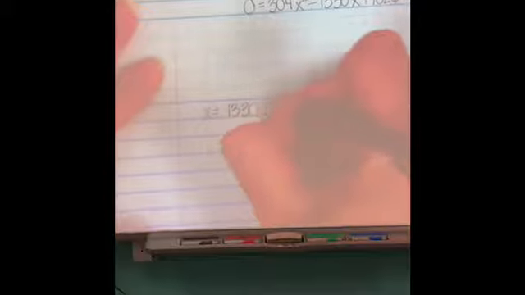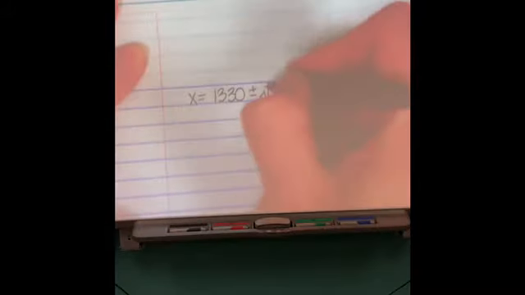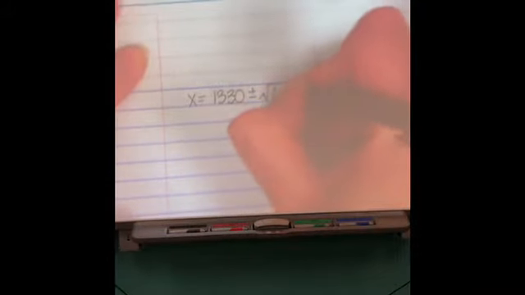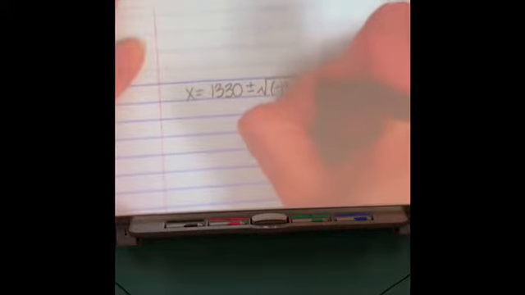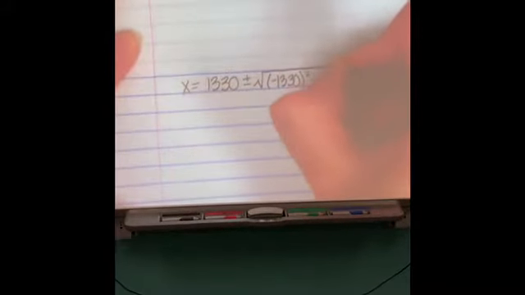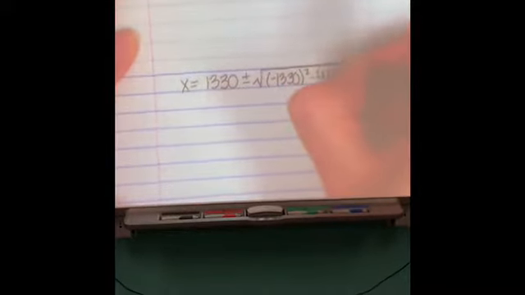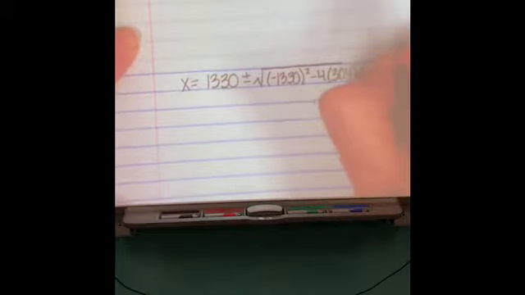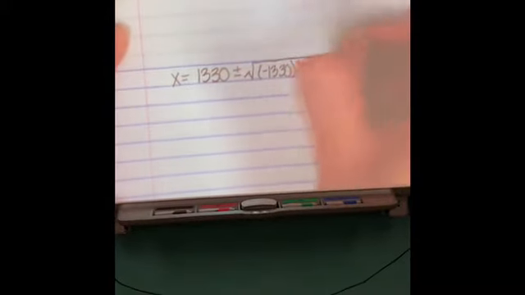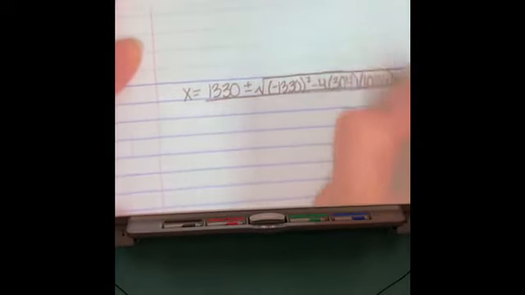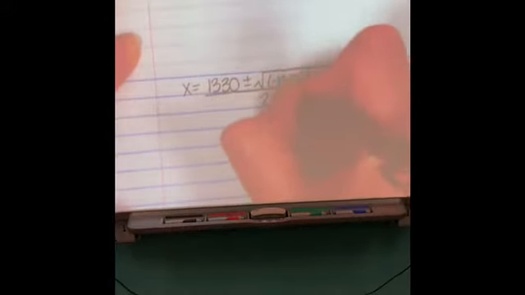So that would mean x equals 1,330 plus or minus the square root of negative 1,330 squared minus 4 times 304 times 1,026, all over 2 times 304.